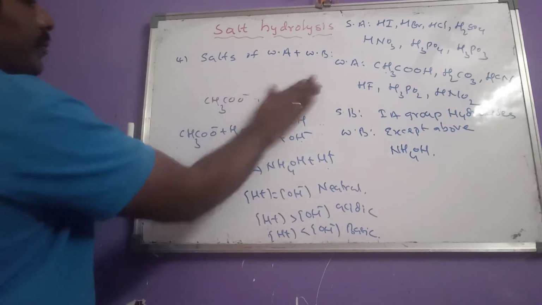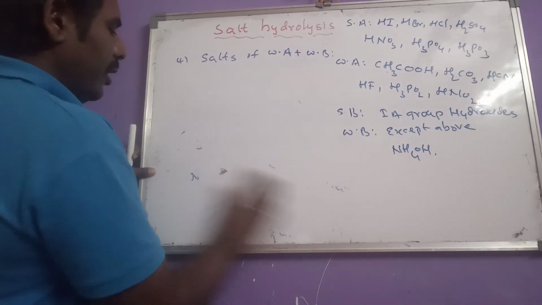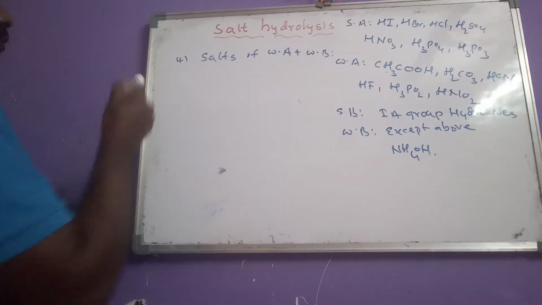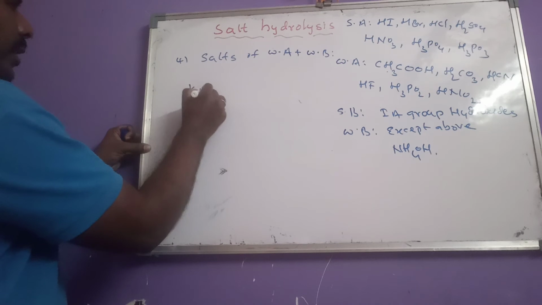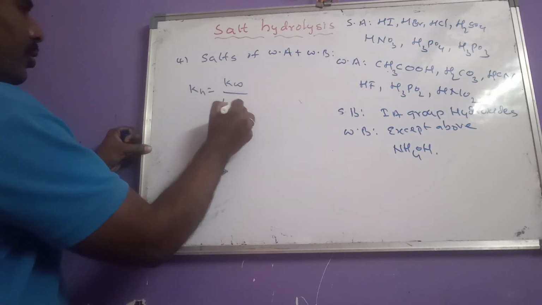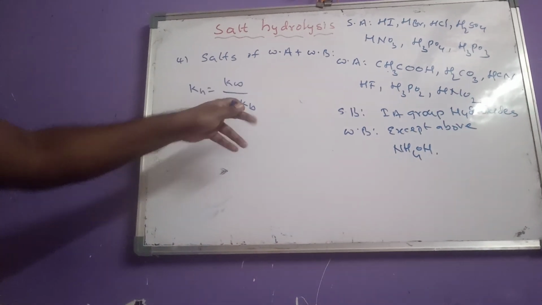And here, what is the formula to calculate the hydrolysis constant Kh? As both are weak, both are present in the denominator, Ka and Kb.